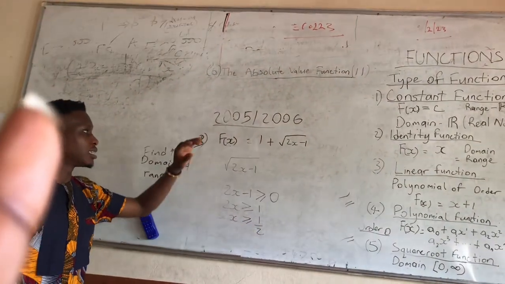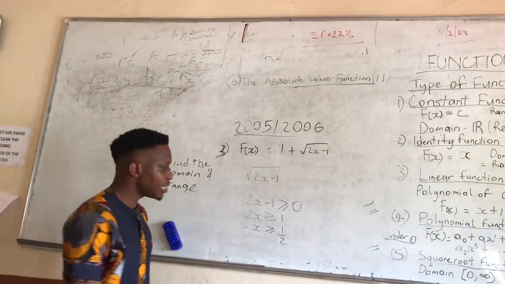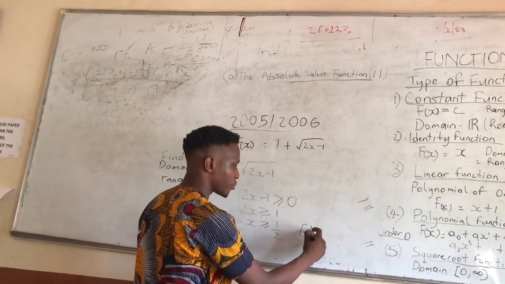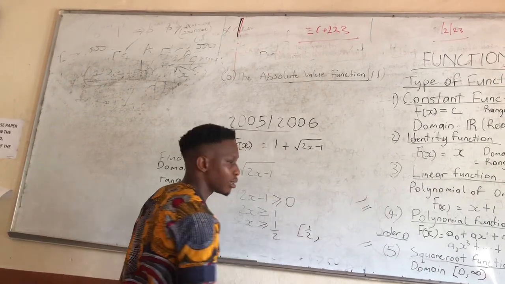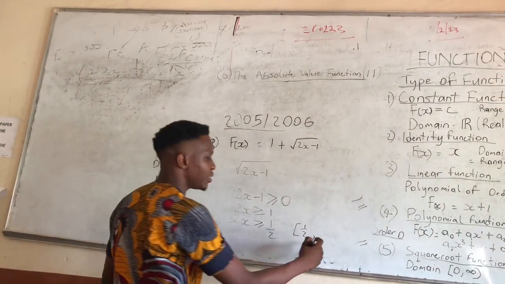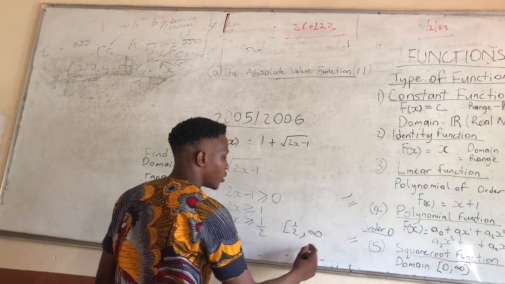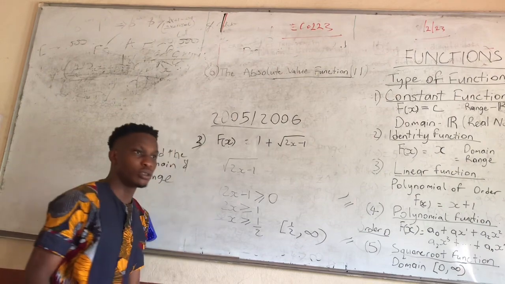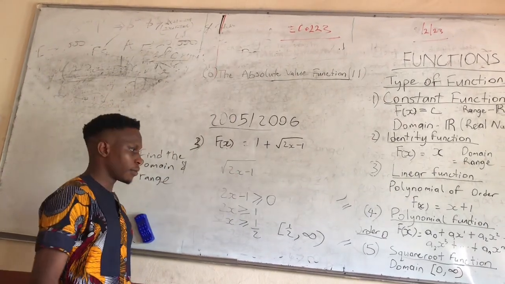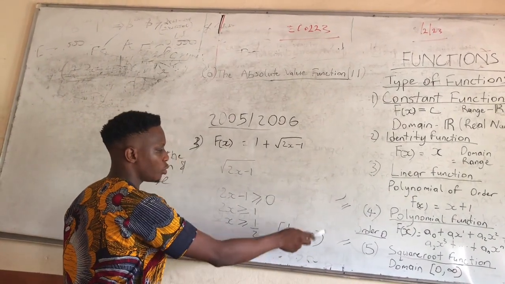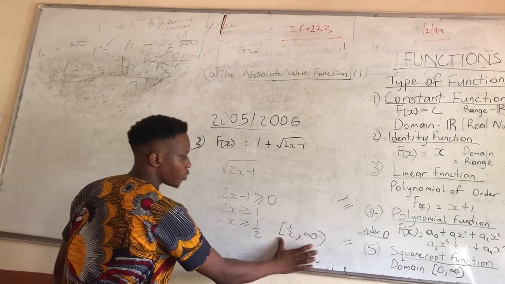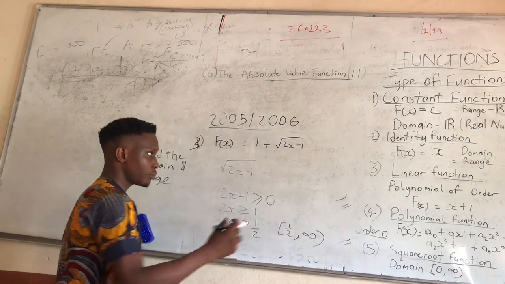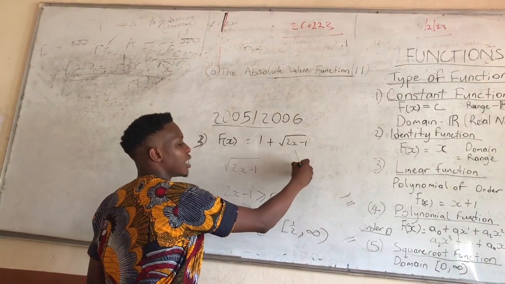This shows us that x can be any value from 1 over 2 inclusive that tends to positive infinity. When the infinity is at the right side, it shows you that it's tending to positive infinity, and you keep the bracket open.